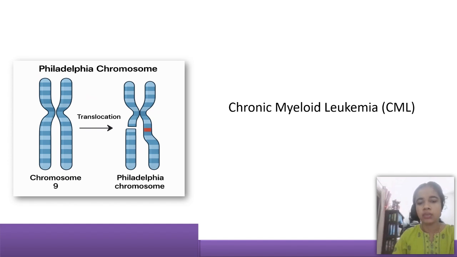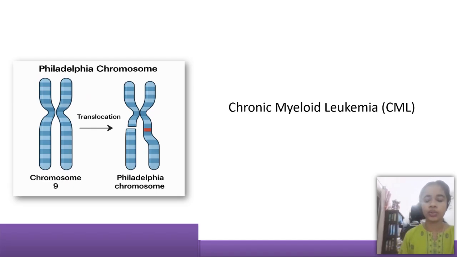As a result, the body becomes flooded with abnormal white blood cells, pushing out the normal ones needed for your immunity and oxygen transport. So the cause of CML is not infection or lifestyle. It's a molecular glitch that turns blood cell production into uncontrolled growth.